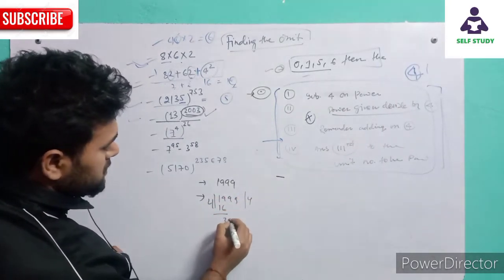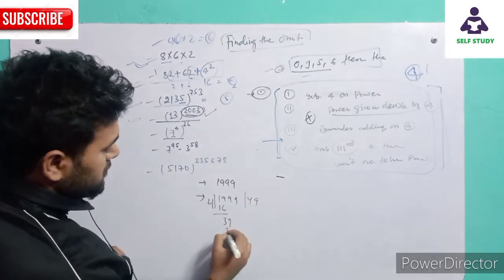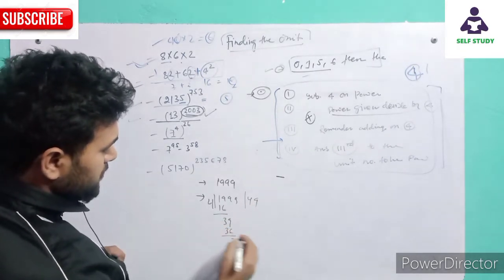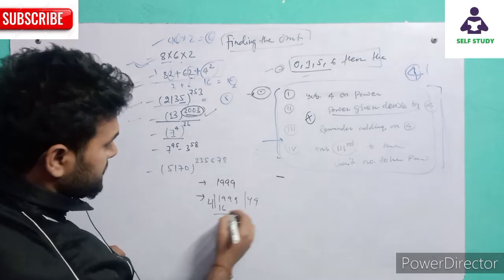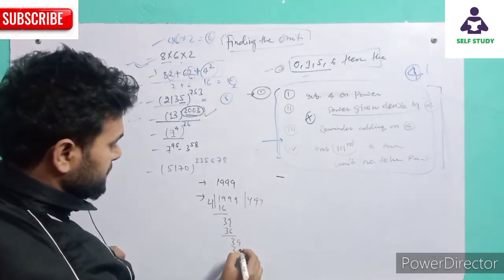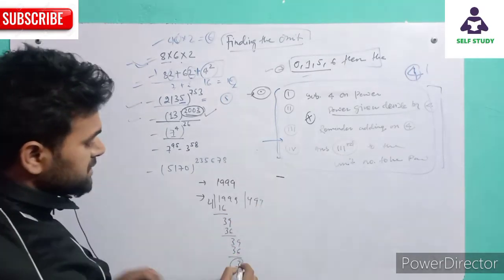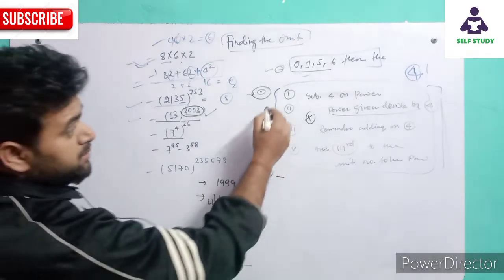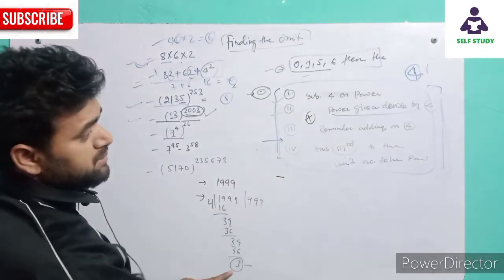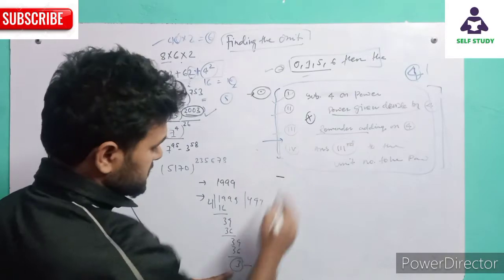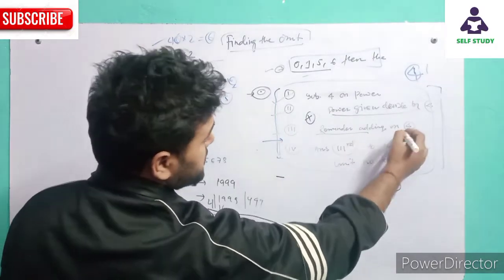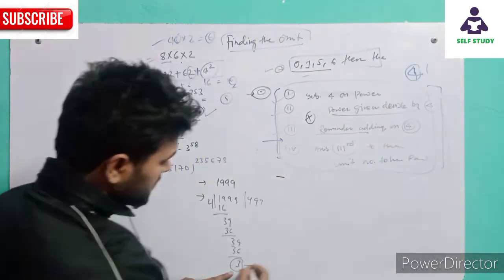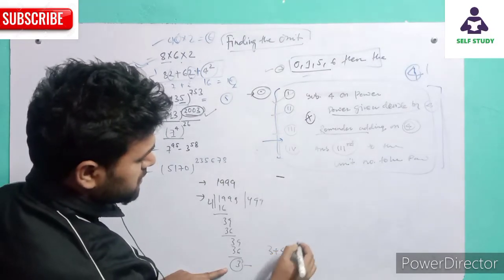The remainder is 3. Then we have completed the first and second steps, and the remainder is 3. Remainder adding on 4, then 3 plus 4, that is 7.